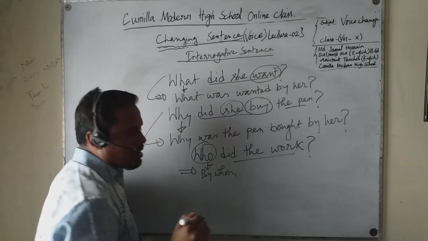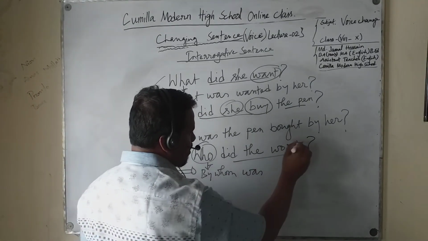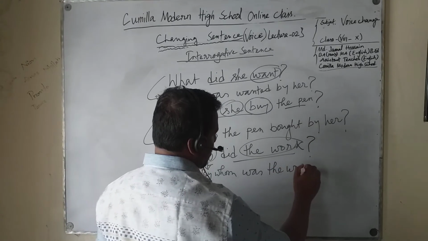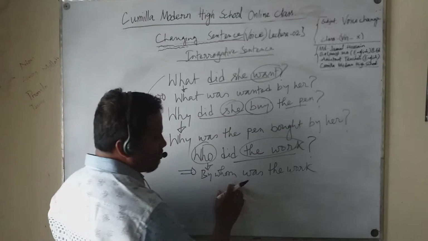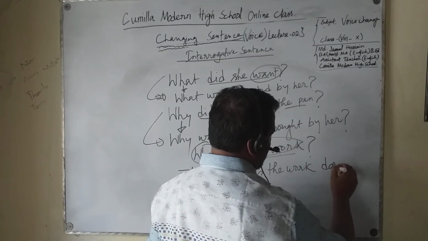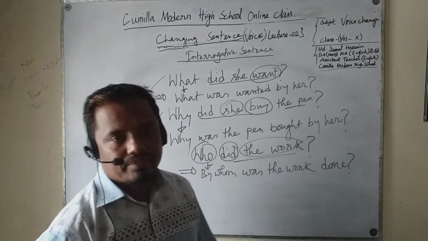Same sentence, it's simple past tense. By whom was, the object here will be the subject, was the work. By whom was the work? Did is the main verb here, it will be done. By whom was the work done?